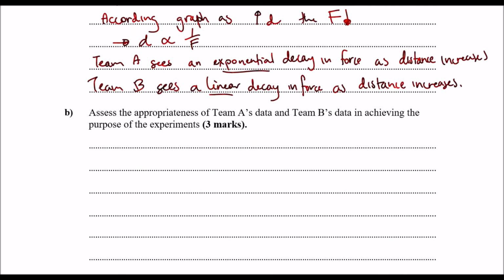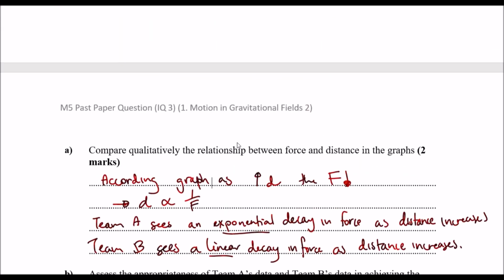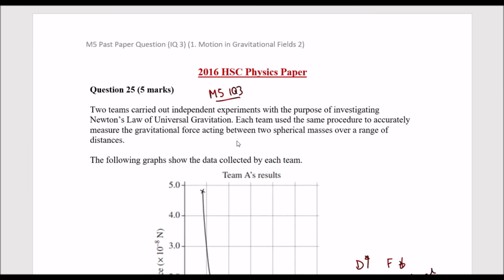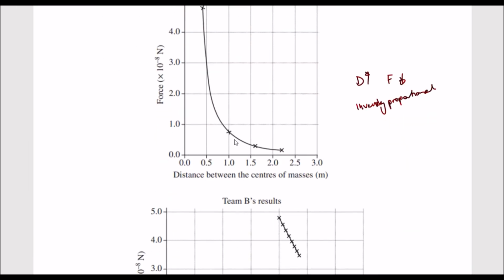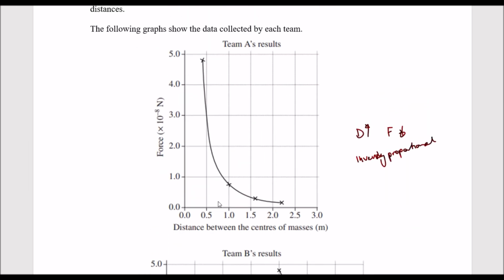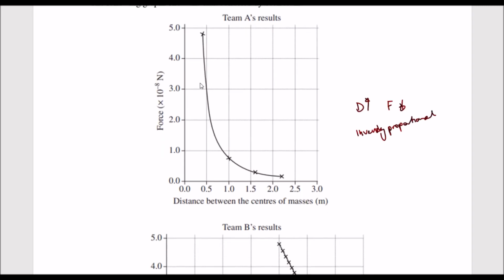Okay, so in this question, we are looking at the appropriateness of Team A's data and Team B's data in achieving the experiment. If we look at it, there's an argument for either. Team A has a bigger range, but they only have 4 data sets used. Now, if you recall, to have a valid relationship on a graph, we would at least go with 5 data points.